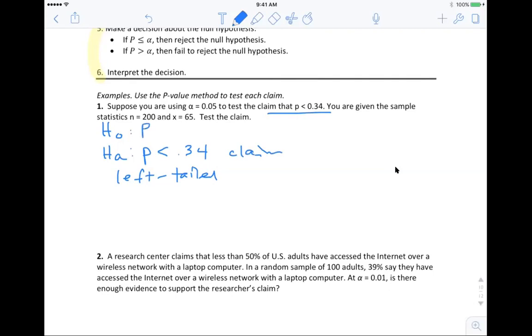H sub 0, flip it around and reverse it. And why are we using p? Because that's the variable for population proportion. So anytime you see lowercase p, it's going to stand for population proportion. So we're making a claim about a population's proportion, like percentage, that kind of thing.